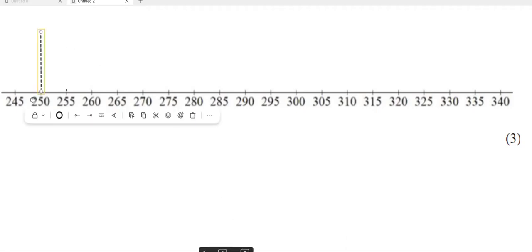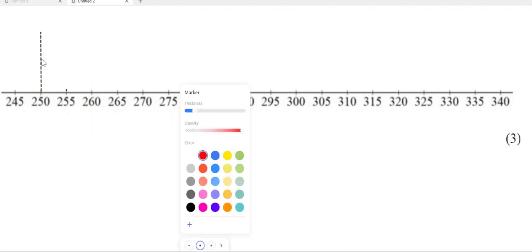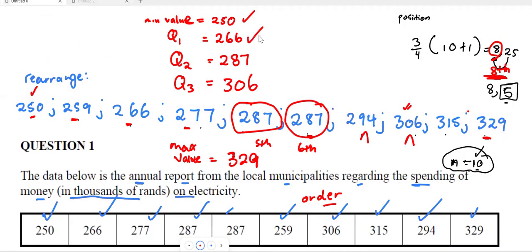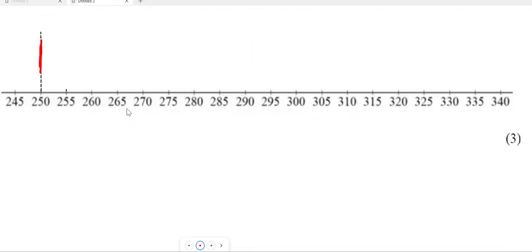So that's our 250, meaning we're just going to have the presentation of the minimum value. Then we're going to need Q1, which is the starting part of our box, at 266. Let us approximate somewhere above 265, somewhere there.